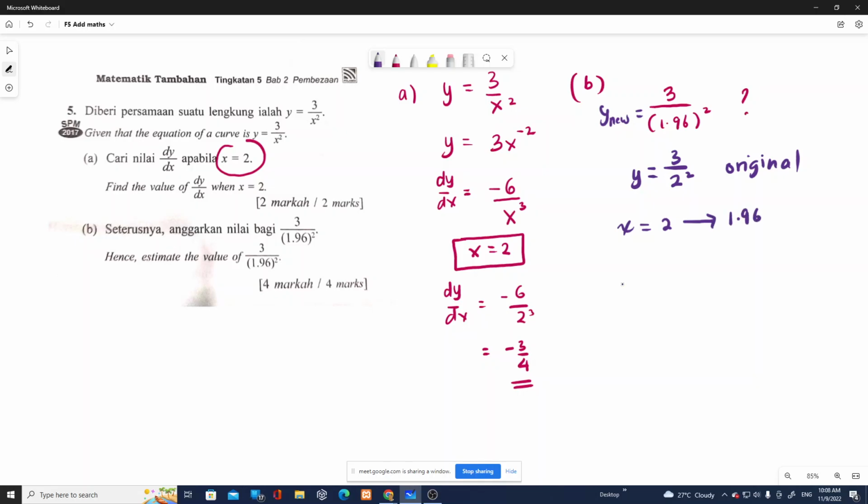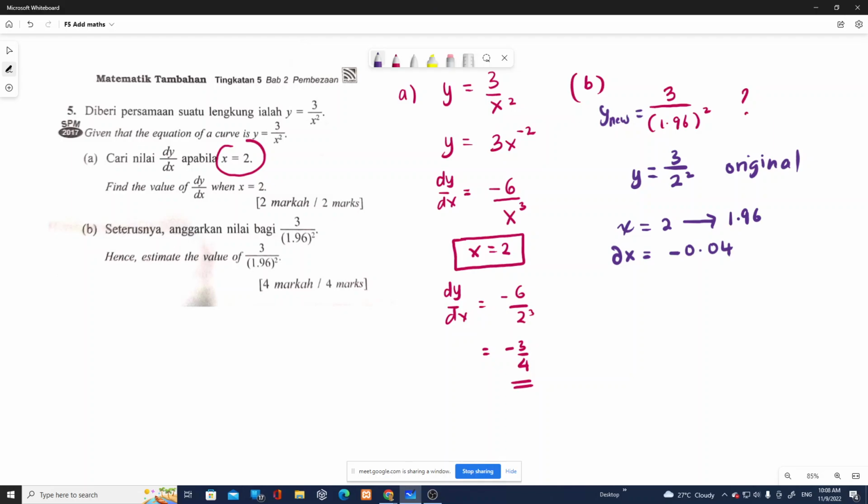Then the difference, we have to calculate. So what is the delta x here? Do you know? Is it 0.04 or negative 0.04? Okay, negative, because you have to take 1.96 minus 2 and not 2 minus 1.96. That's the delta x, right?